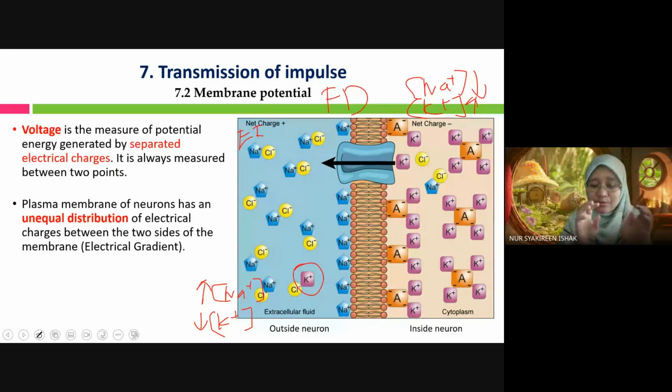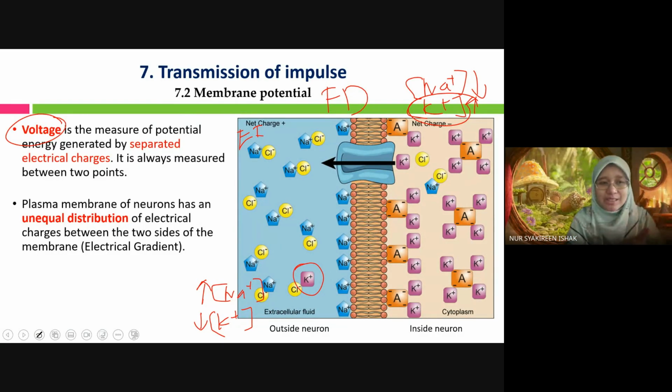So pergerakan ion-ion ni keluar masuk dalam sel ni is through facilitated diffusion. So maksudnya sifat sodium dia sentiasa nak masuk dalam neuron ni. Sifat potassium dia sentiasa nak keluar. Okay, nak keluar daripada sel, sama ada dia guna voltage gated ataupun ligand gated. Due to the movement of ions, it causes the formation of membrane potential. This membrane potential, we can measure the value in terms of voltage.